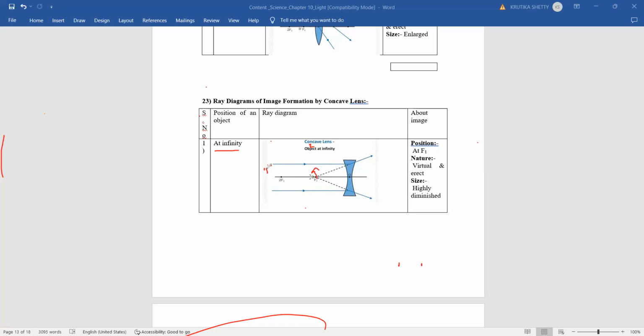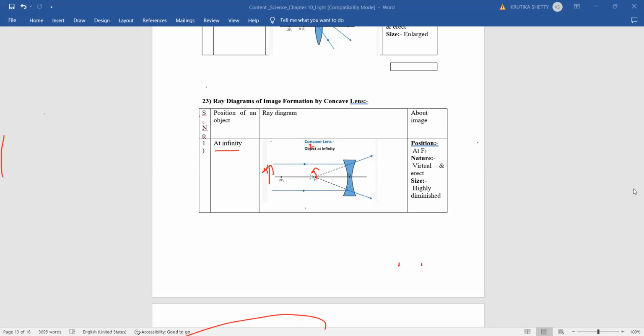Here is the image and here is the object, both on the same side of the lens. So the nature is virtual, and highly diminished. Object size is more and image size is very less. So this is the first type in case of concave lens.